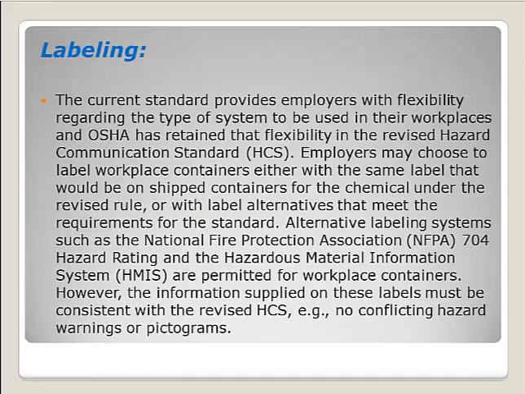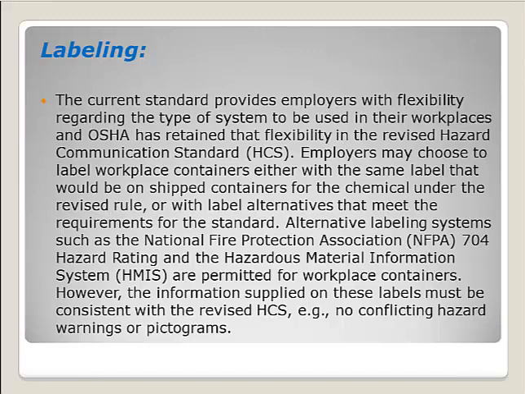All right, moving on, just another note before we move through the labeling process. OSHA has retained flexibility in the revised hazard communication standard. Employers may choose to label workplace containers either with the same label that would be shipped on containers for the chemical under the revised rule, or with label alternatives that meet the requirements of the standard.